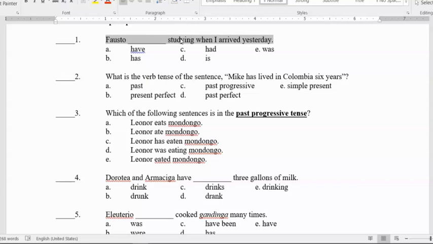Fausto was studying could be a sentence all by itself. When I arrived yesterday is another clause. It happens to be a dependent clause because it begins with a subordinating expression with a relative pronoun, right? So when I arrived yesterday. When I arrived yesterday, what? Well, when I arrived yesterday, Fausto was studying.